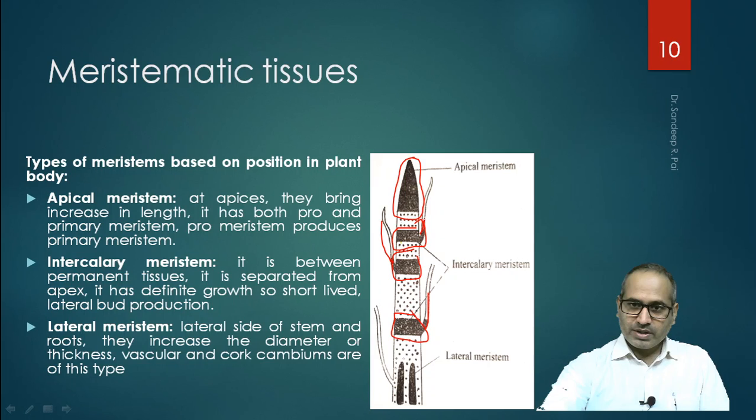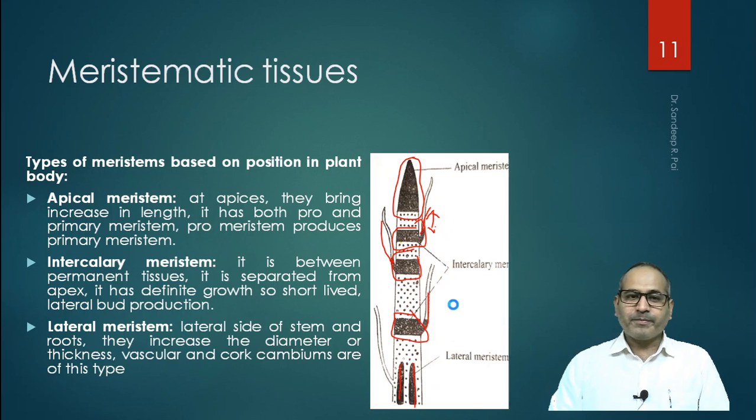We can also say that they are separated from apical meristem. On the other side, the lateral meristems are on the sides, inside the stem and roots. So this way we can differentiate the types of meristems based on position in plant body.